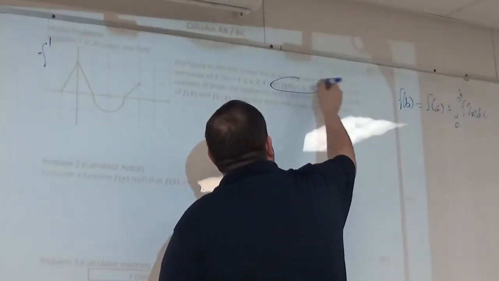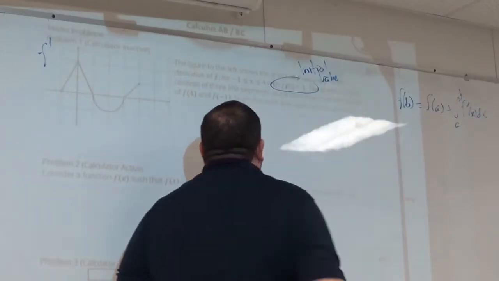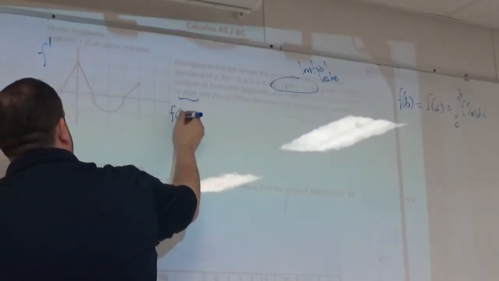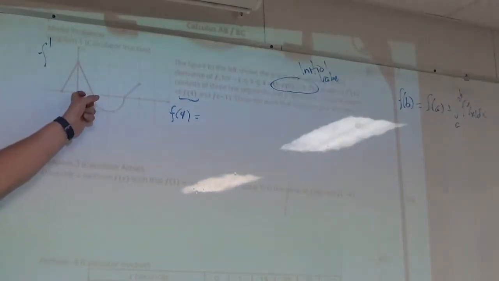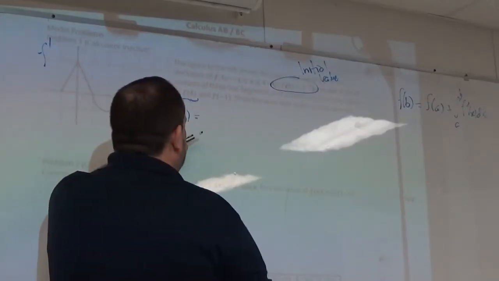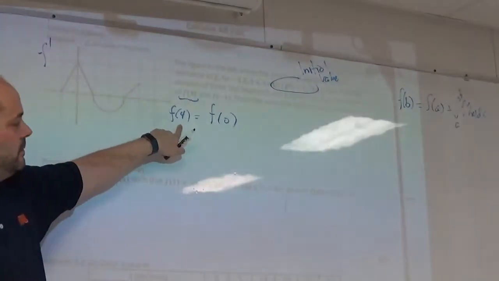So they gave you a point. I'm going to say that this is the initial value. And then they're asking me for f of 4. Let's find f of 4 first. F of 4 is what I need. This is not the graph of f, this is the graph of f prime. If f of 4 is what I need, I'm going to start with what I know, which is f of 0.